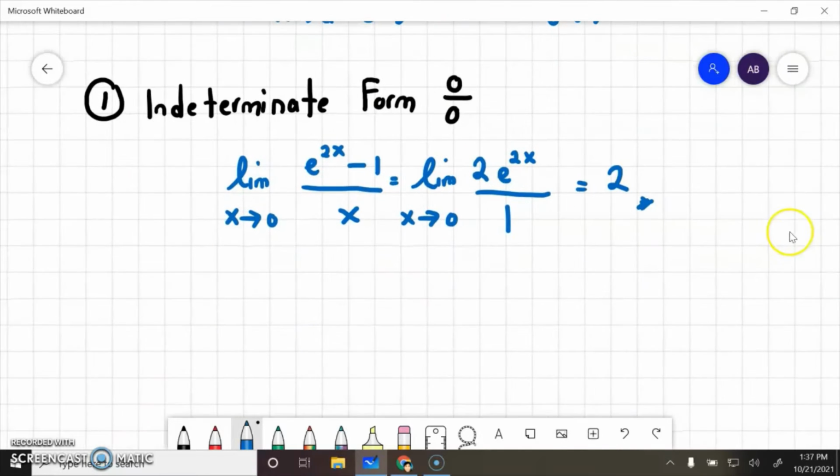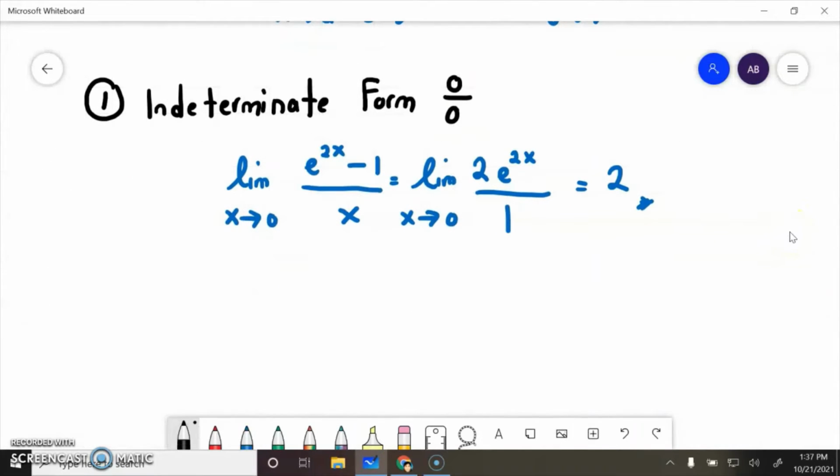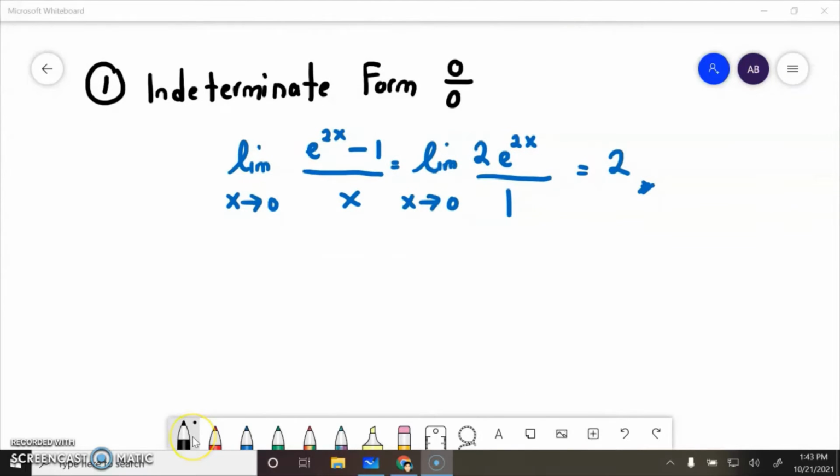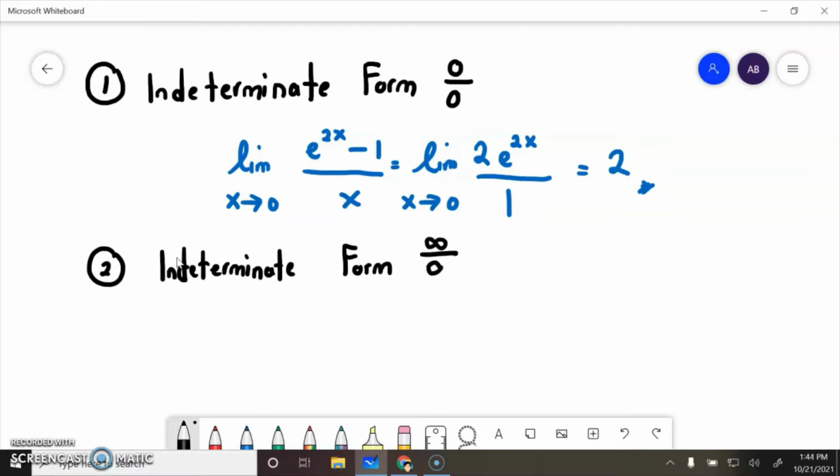Now the second form, number 2: indeterminate form infinity over infinity. When this happens, how are you going to solve the limit?